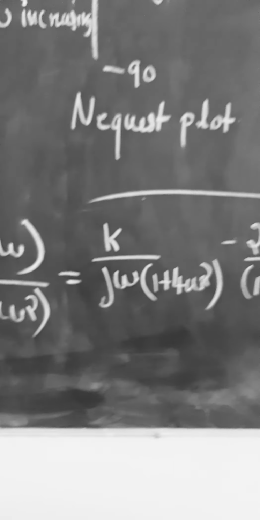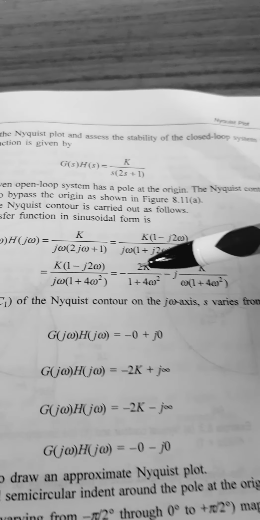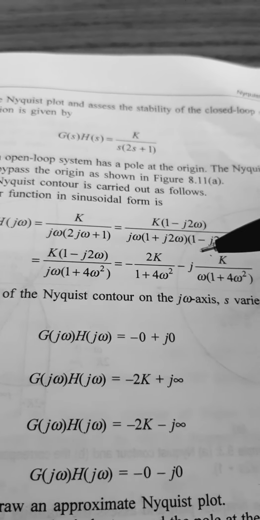Okay, now this j can be taken up. So when you are doing like that, what you are getting here is minus 2k into 1 plus 4 omega square.